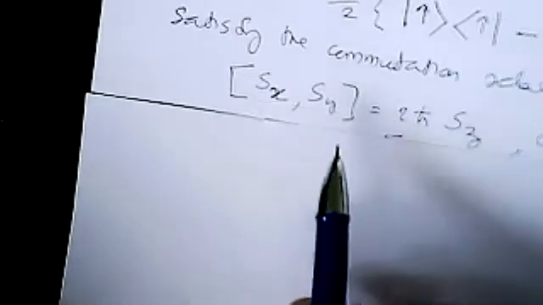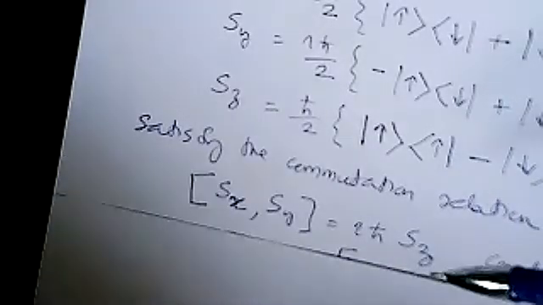Now we have the equation. In the last class we have already obtained the commutation relation, so you change that commutation relation like this: instead of J, you use spin angular momentum S. So [Sx, Sy] = iħ Sz and cyclic.